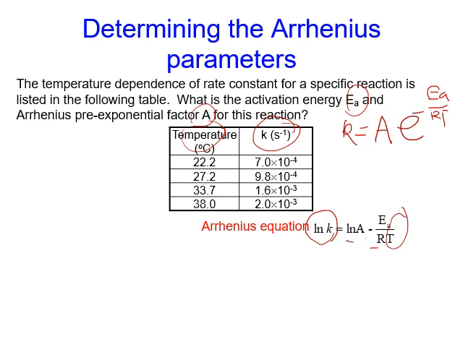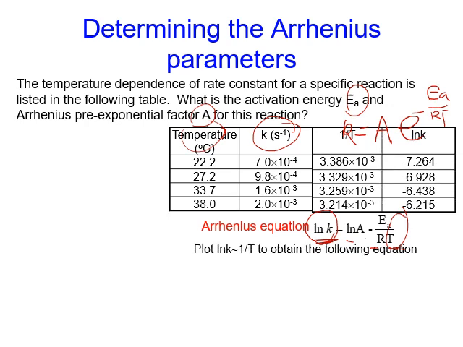In order to plot ln K versus 1 over T, we add two columns to the table. One is 1 over T. You invert the temperature, but you should use absolute temperature.